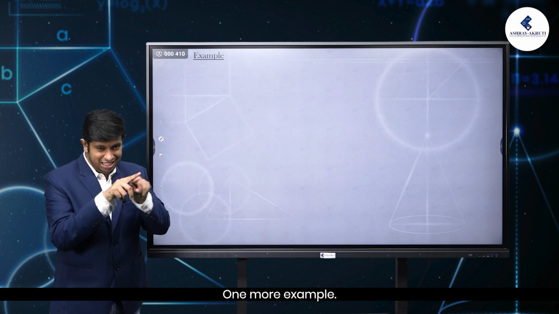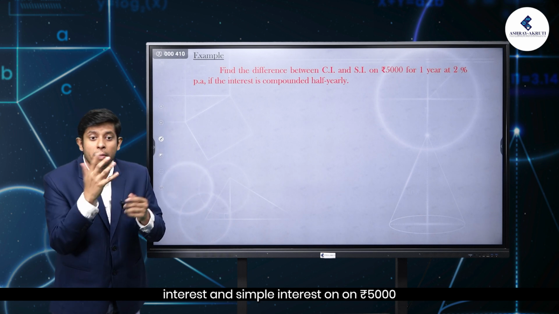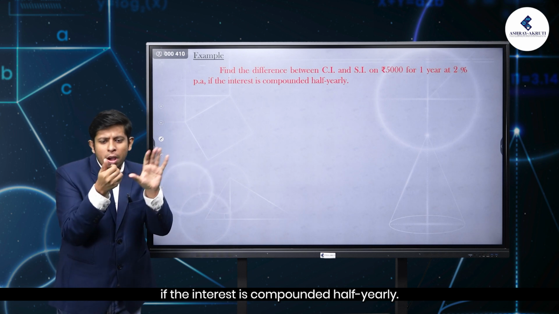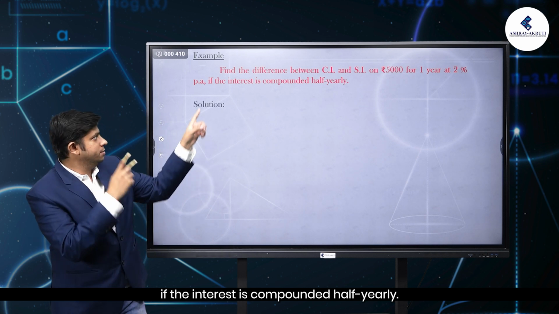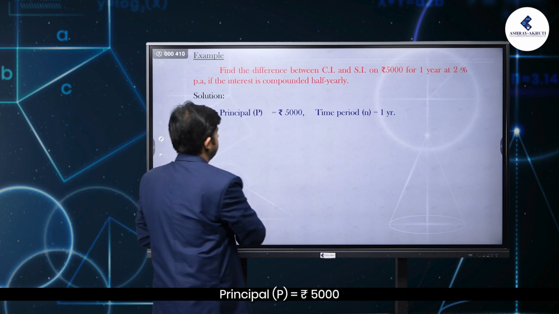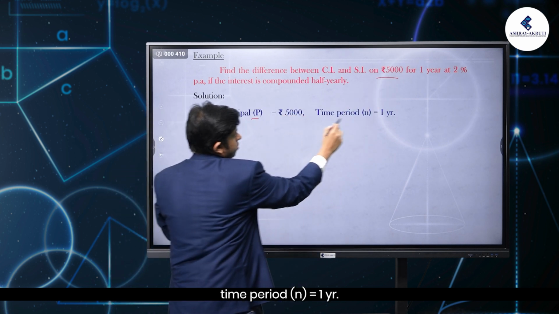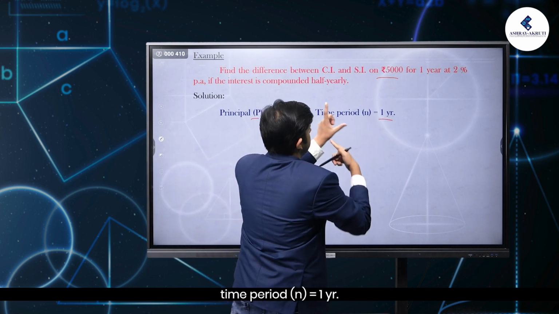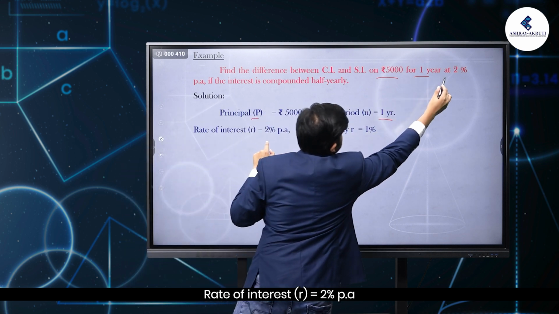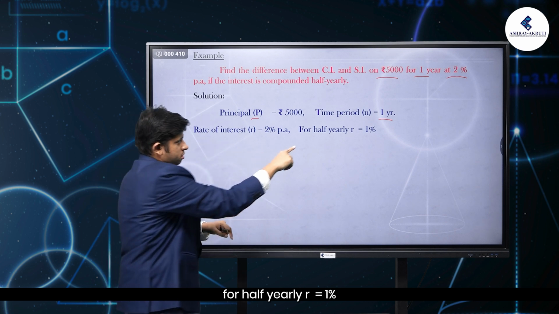Let us see one more example. Find the difference between compound interest and simple interest on rupees 5000 for 1 year at 2% per annum if the interest is compounded half yearly. Solution. Given principal P is equal to rupees 5000, time period N is equal to 1 year, rate of interest R is equal to 2% per annum, for half yearly R is equal to 1%.